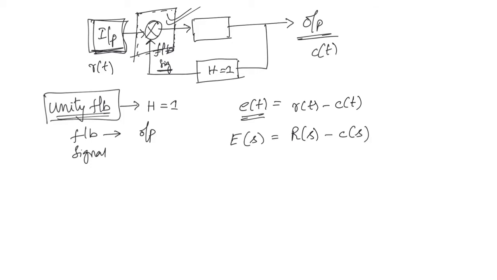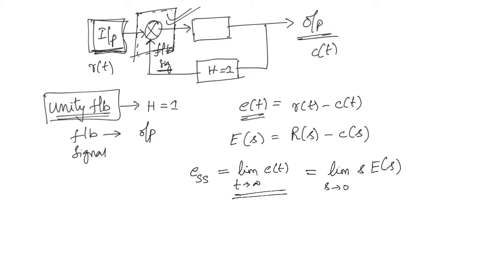Now the steady state error, let us represent it as ESS. We have seen that it is the value of E of t as t tends to infinity. If you apply the final value theorem, you can write this as limit s tends to 0 of s into E of s.